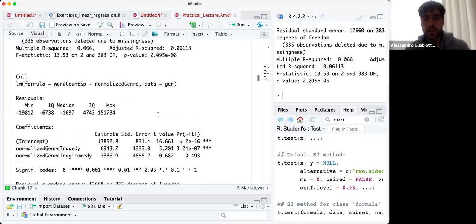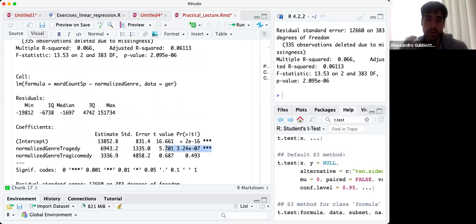And the fact that these coefficients are significant, actually only the tragedy coefficient is significantly different from zero.